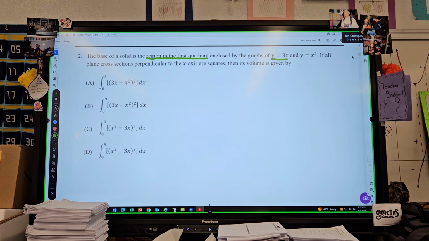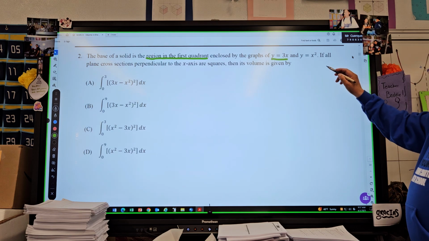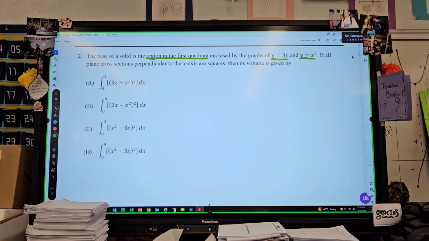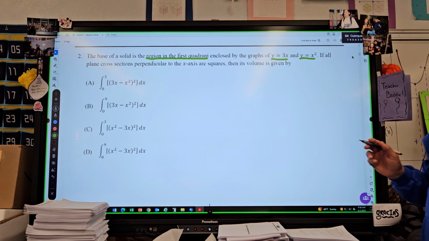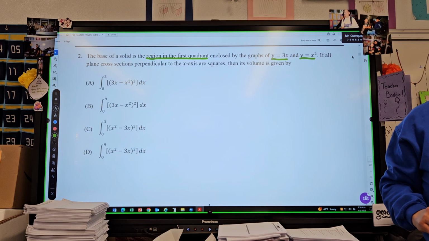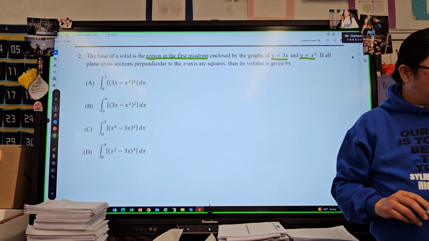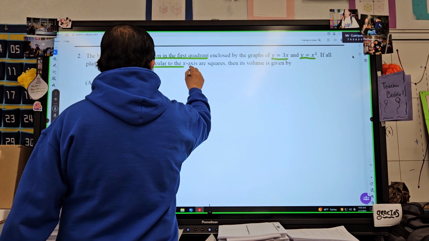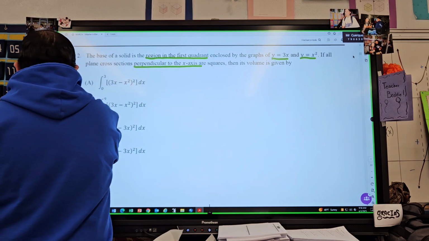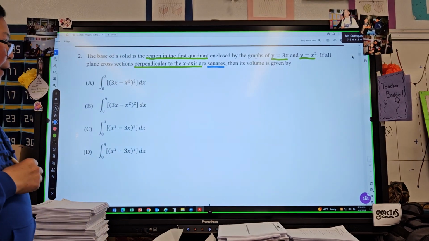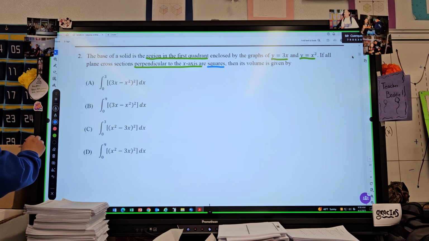And then what else? A parabola y equals x squared. If all plane cross sections perpendicular to the x-axis. So this is very important, guys. Highlight also perpendicular to the x-axis. And what is that perpendicular to the x-axis? Simply square, right? Then its volume is given by.